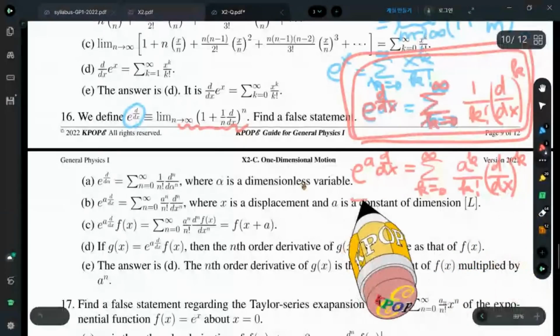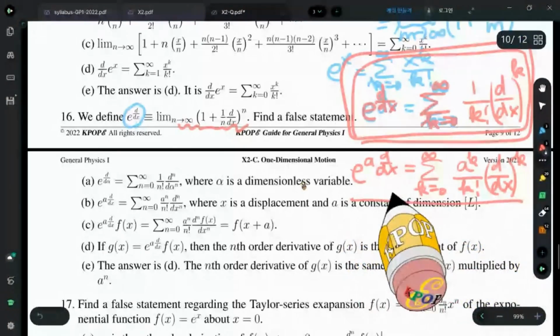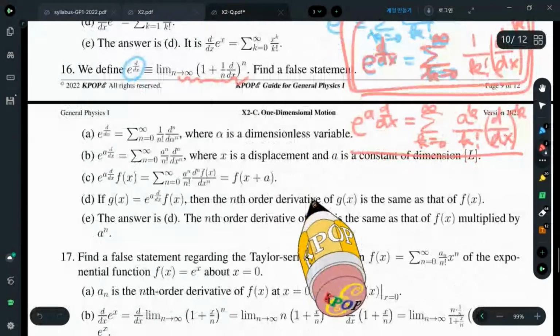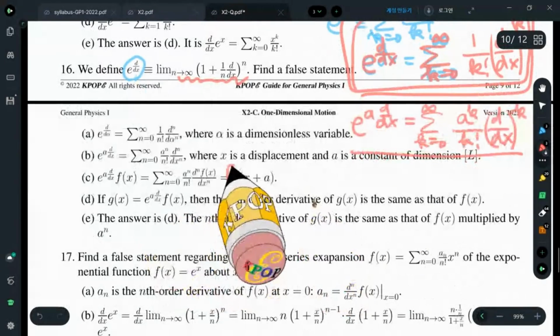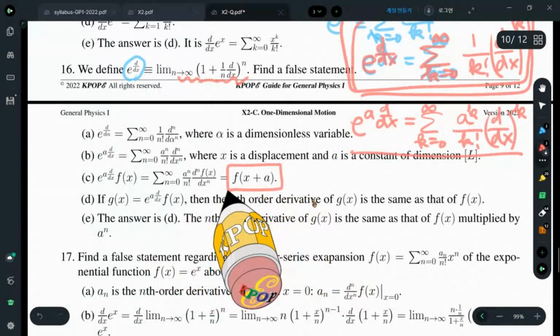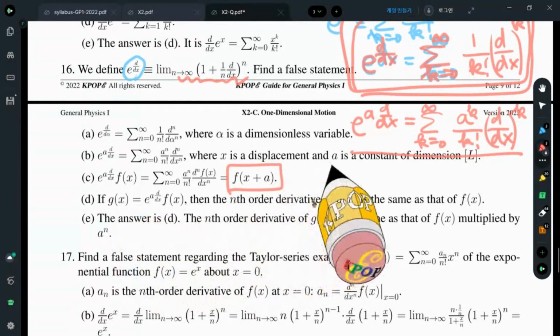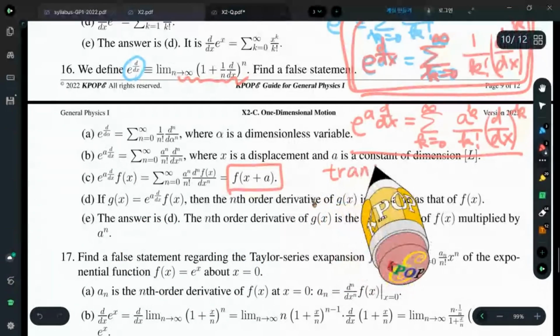And if you apply this operator to any differentiable function, then you will find a very compact expression. This is just action of translation.